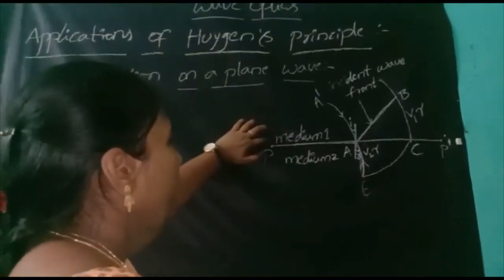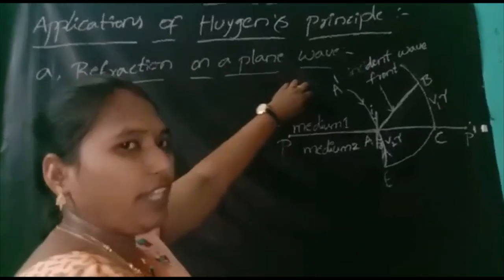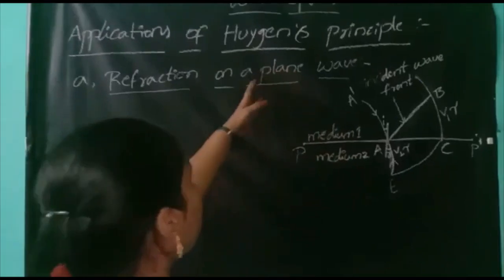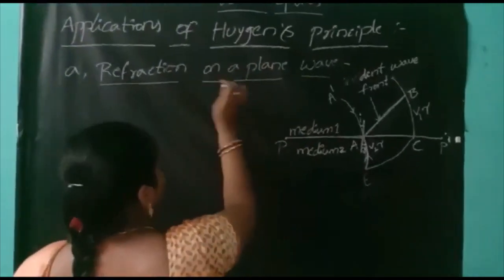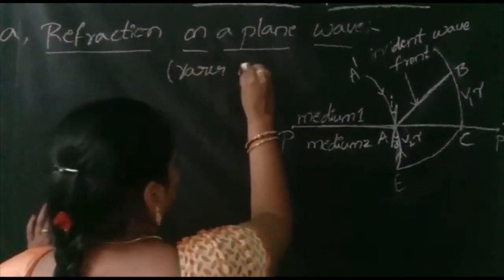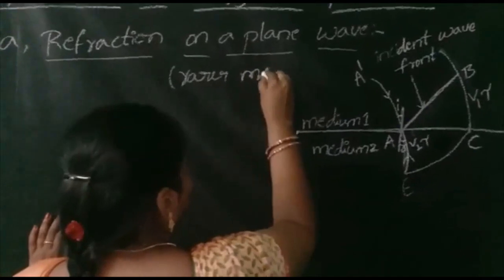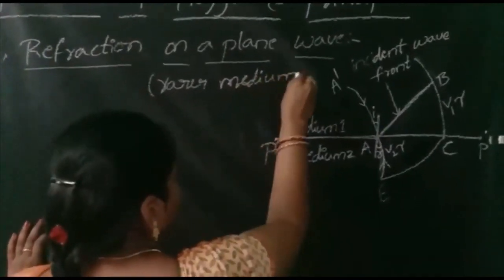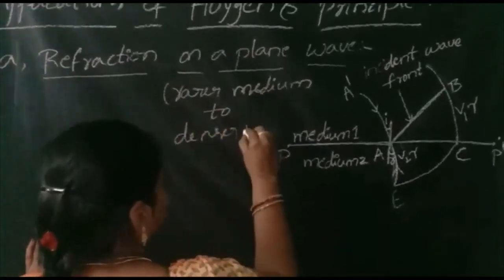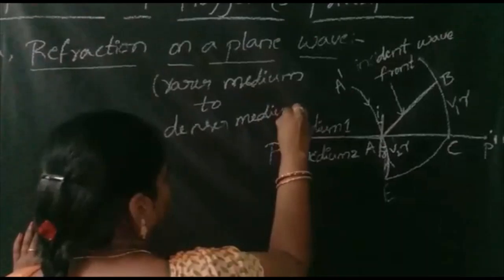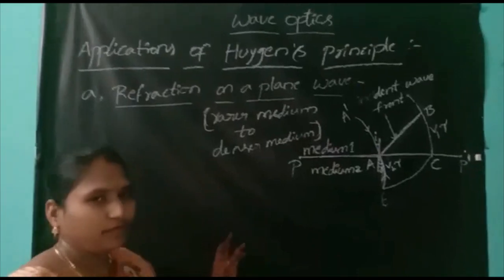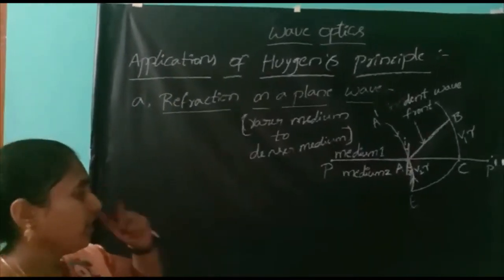Here medium 1 is a rarer medium and medium 2 is a denser medium. This case is known as rarer medium to denser medium.